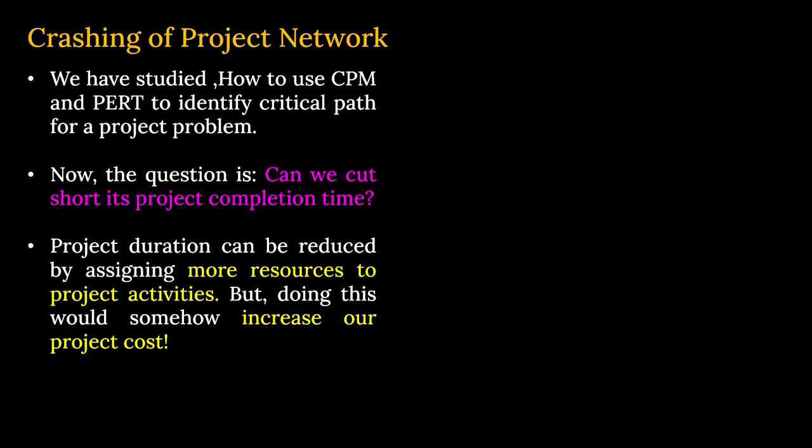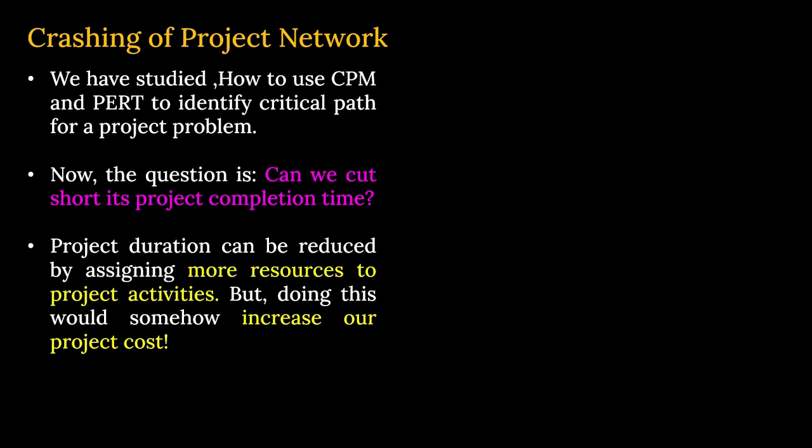Project duration time can be reduced. How can it be reduced? By assigning more resources to the project activities. Obviously, if you need to complete the project in 14 days instead of 15, to reduce it by 1 day, we have to employ more resources in the project. It can be in terms of manpower, equipment, or material, which will involve money.